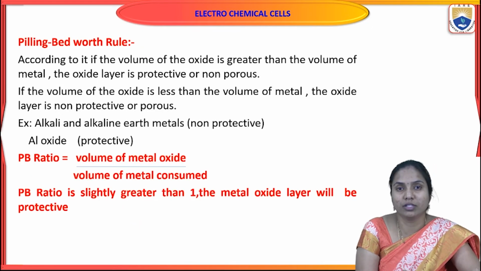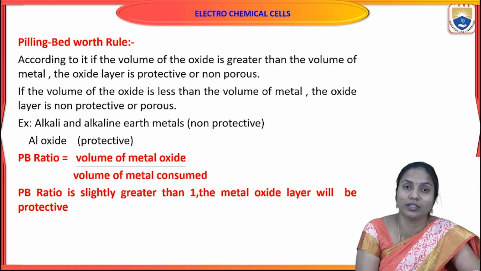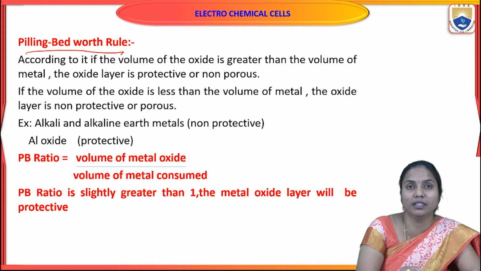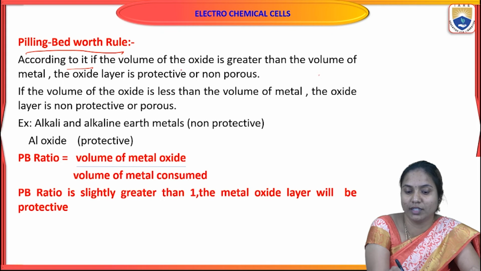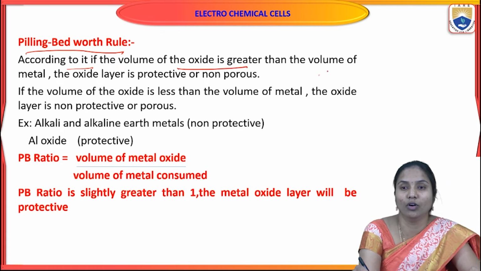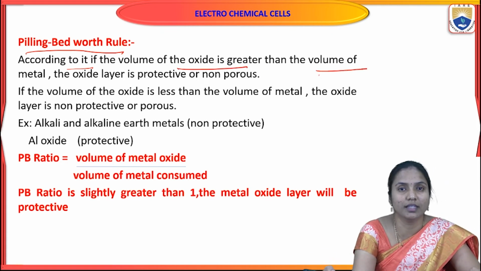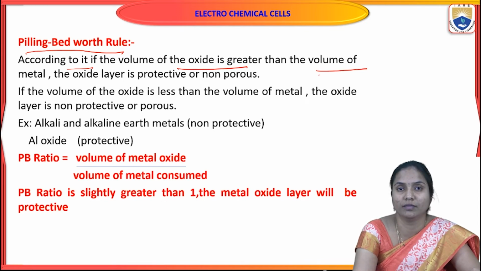So one more rule also tells whether the metal oxide layer is protective or not. That is clearly explained by the Pilling-Bedworth rule. According to the Pilling-Bedworth rule, if the volume of oxide is greater than the volume of metal, in this case that metal oxide layer acts as protective or non-porous.